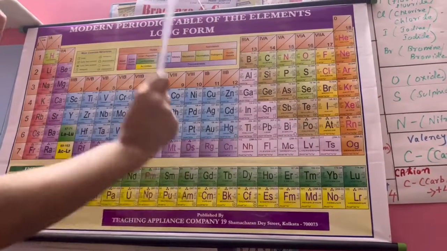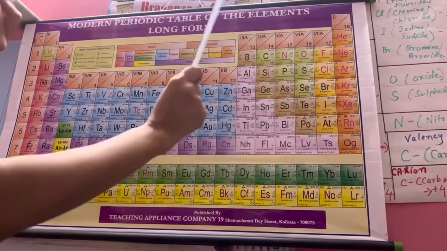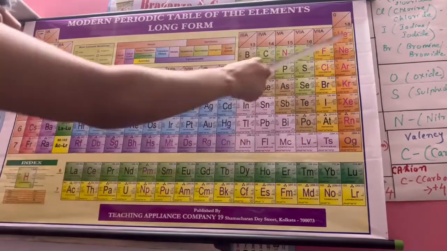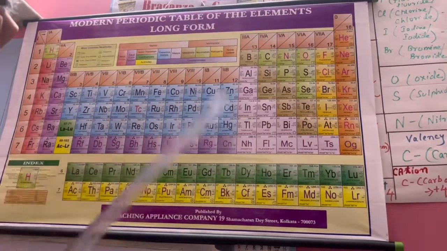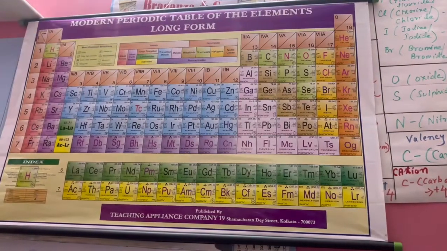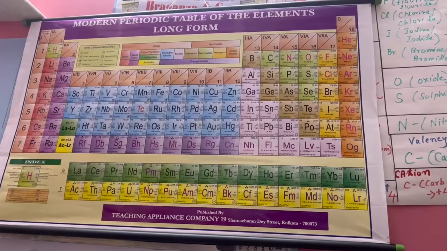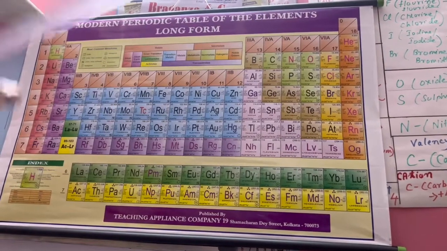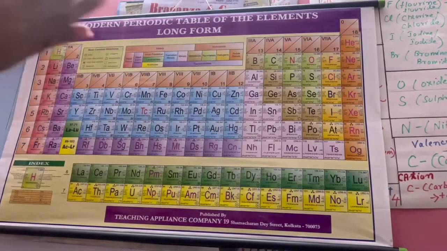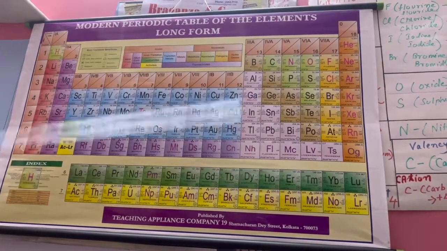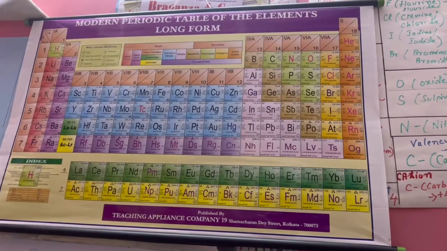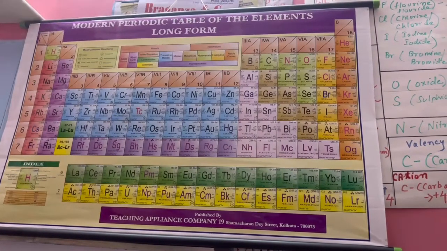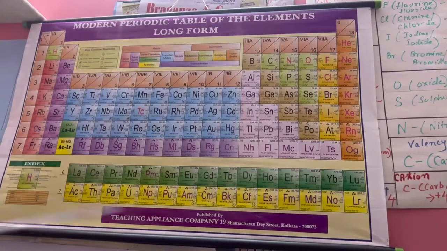Since they need 1 electron to complete their stable electronic configuration, their valency is 1. So valency basically means the number of electrons that is donated or accepted by the element in order to acquire their octet rule, in order to acquire their highly stable electronic configuration.